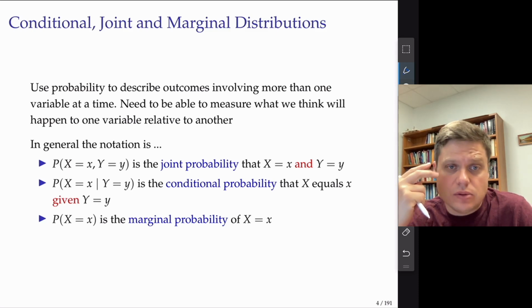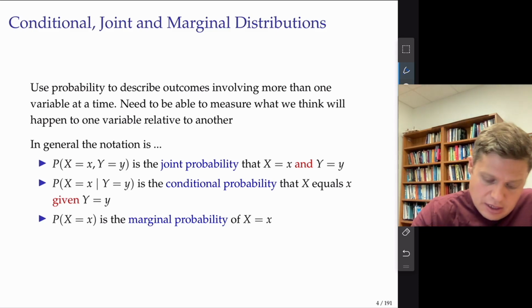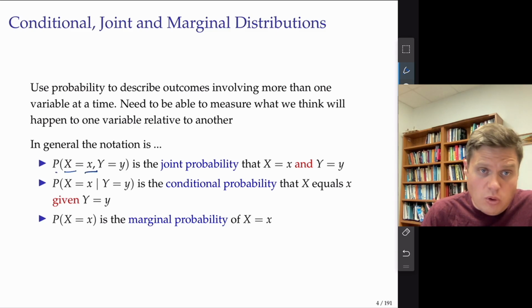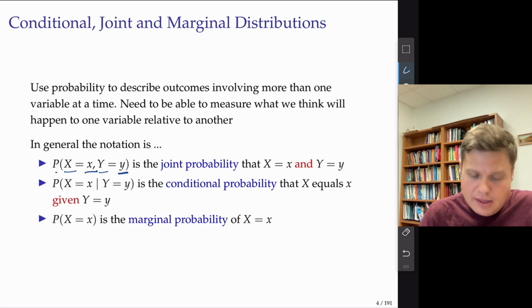One way is through joint probability. So joint probability is the probability that random variable x takes a value small x, and random variable y takes small y. And this is called joint probability.